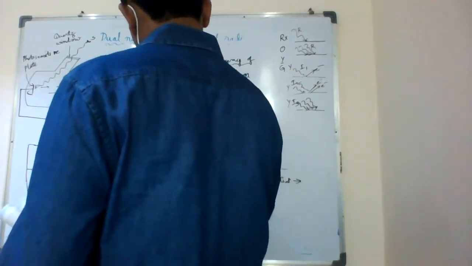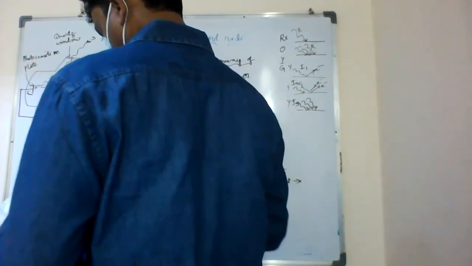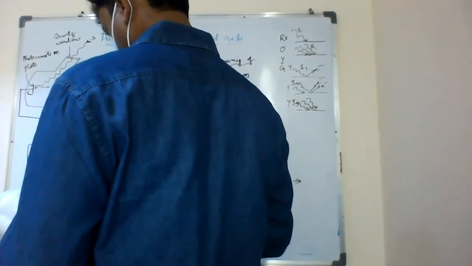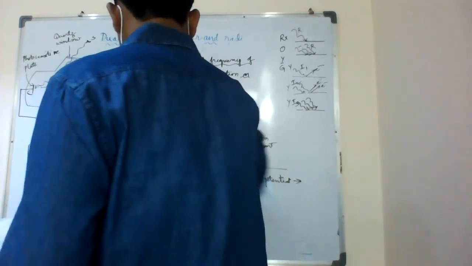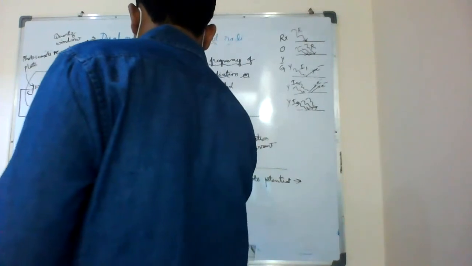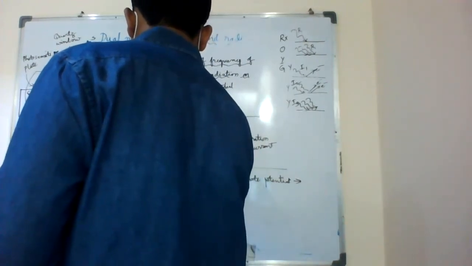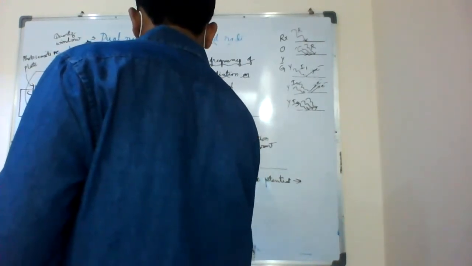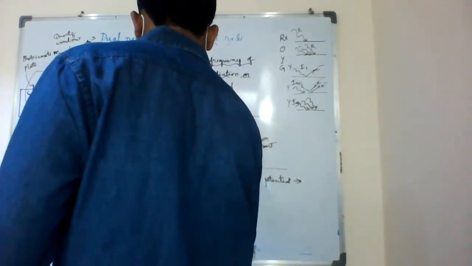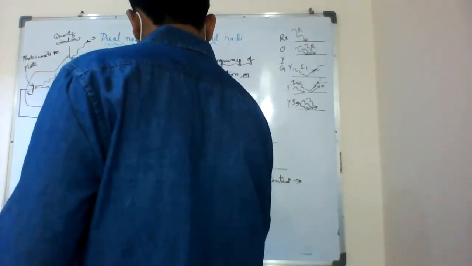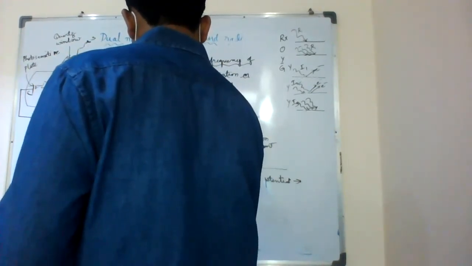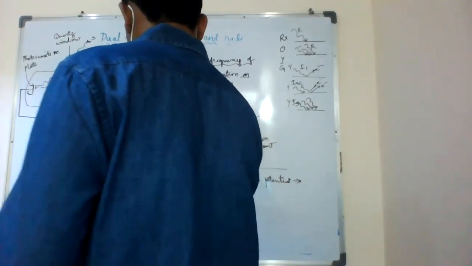So mu2, this is mu3, and this is part of function. This is minus V01, minus V04, minus V03.